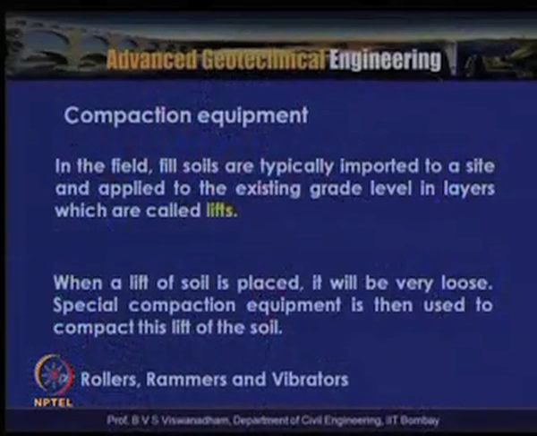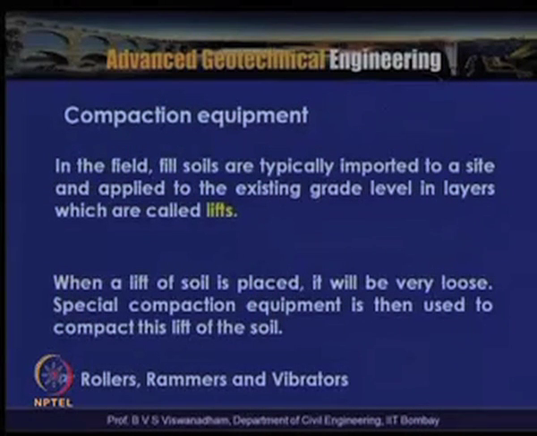If we want to achieve this compaction in the field, then we need different compaction equipment. In the field, fill soils are typically imported from a borrow site and applied to the existing grade level in layers, which are called lifts.